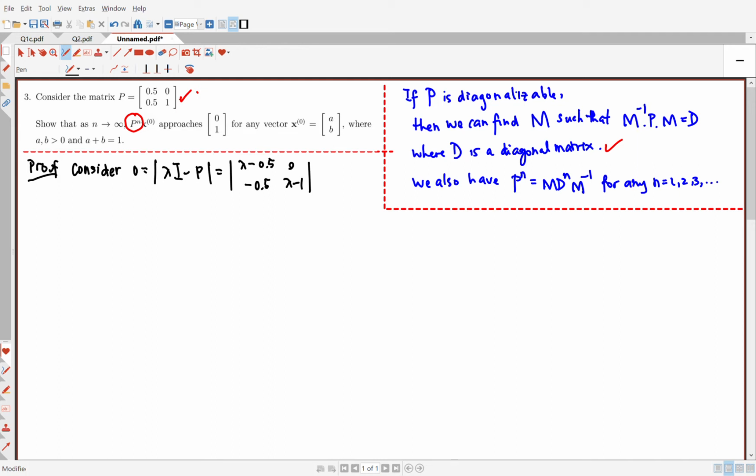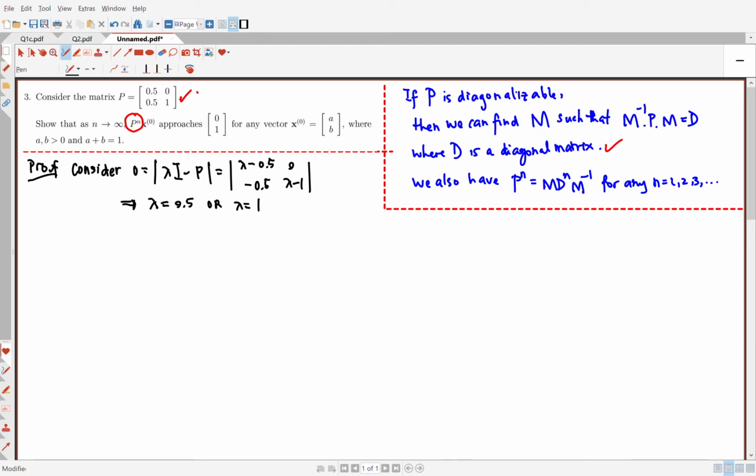And clearly the determinant of this is just the multiplication of the diagonal entries, right? So this means we have two eigenvalues, which are 0.5 and 1.